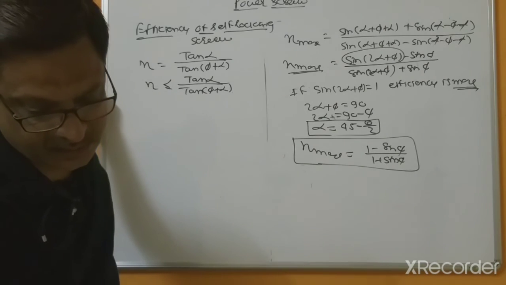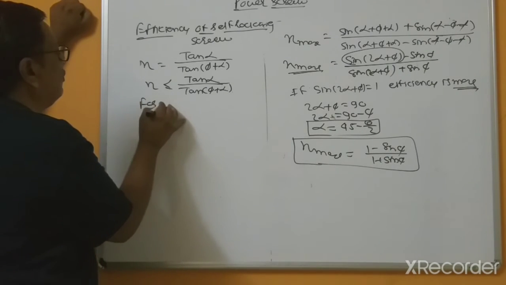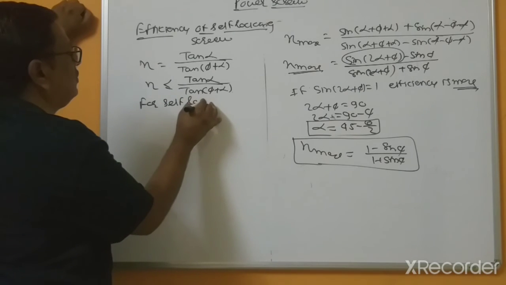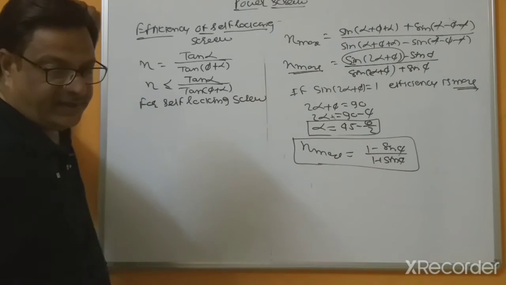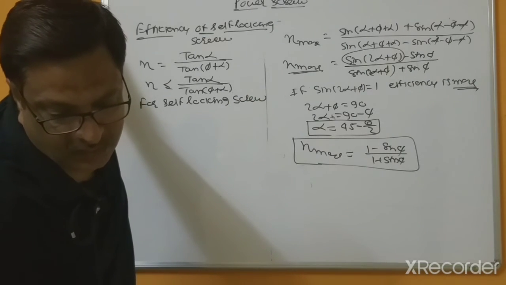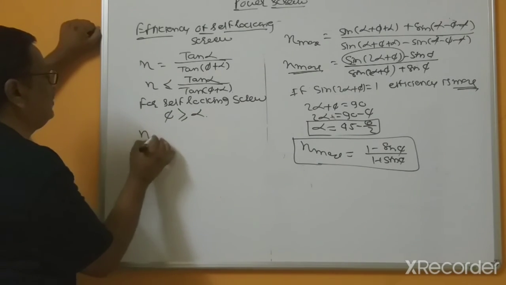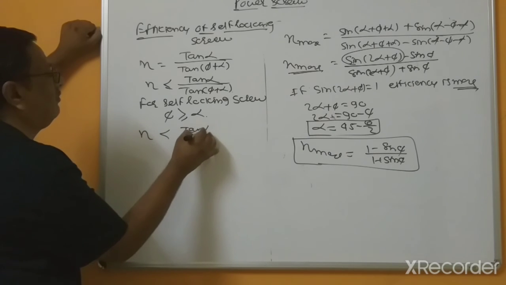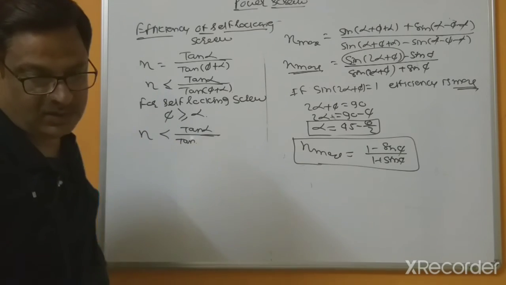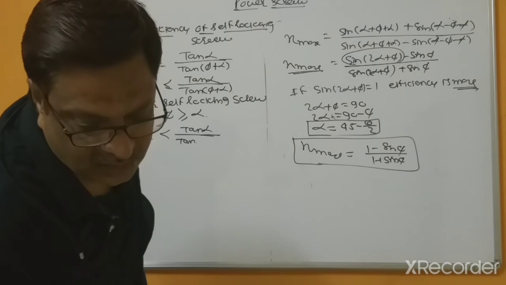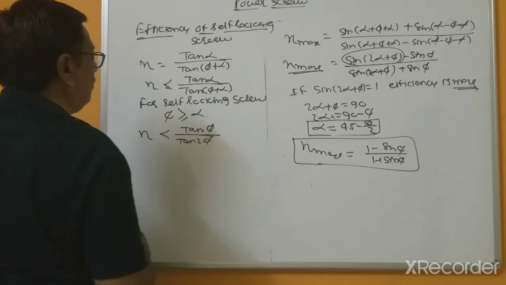For a self-locking screw, phi is greater than or equal to alpha, so that's why efficiency equals tan alpha divided by tan phi. And instead of alpha, we put phi.